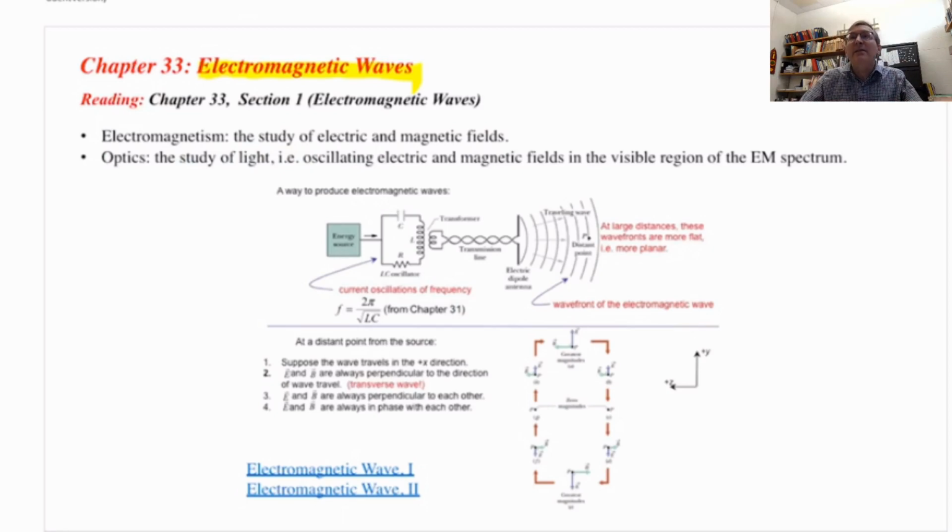It's still a wave in the sense that there's something or some things that are oscillating in space and time, and that you can have a sinusoidal wave version of it, where the thing that's oscillating is a sinusoidal function of space and time. We studied that earlier in mechanical waves.